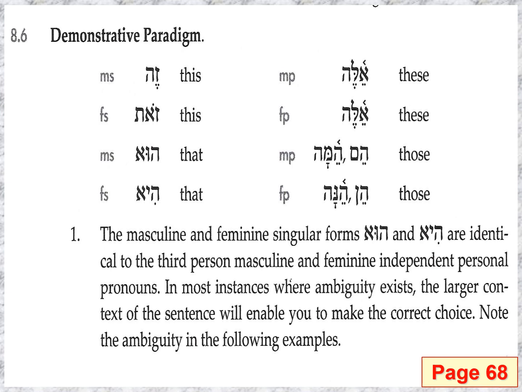Same with the feminine plural, far demonstrative here, hen or henna, those. Context is going to help you determine whether it's a personal pronoun, third masculine plural or third feminine plural, or a far demonstrative.